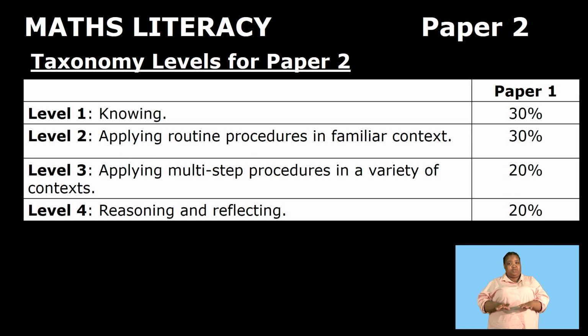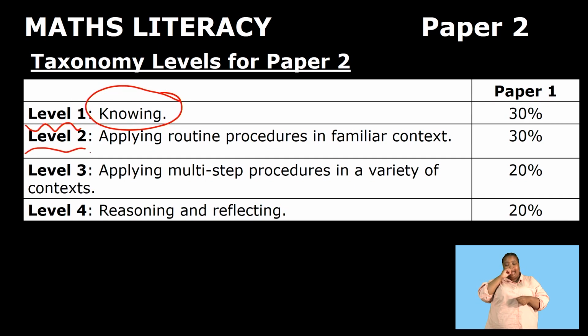Now, when we say something is a level 1 question, that means it's something that you need to know. It can be definitions, it can be reading from tables, and it can be simple calculations. Then, level 2 is routine procedures in a familiar context. Remember that there's a list of familiar contexts that you need to go and look at so that you know what's going on.